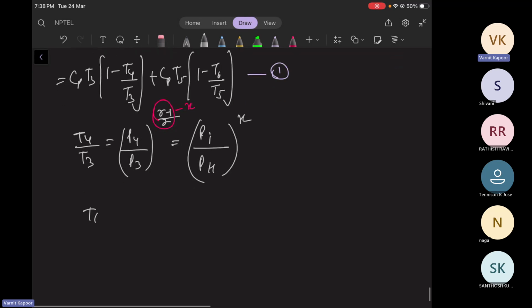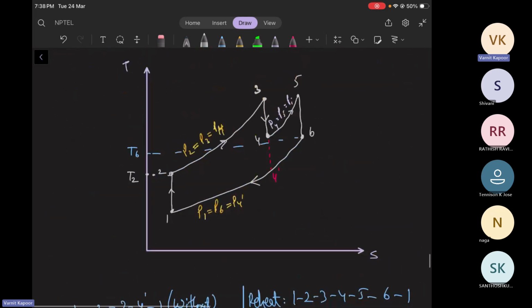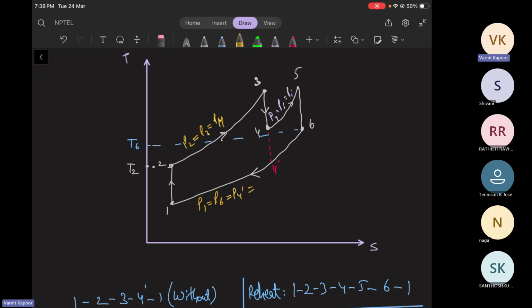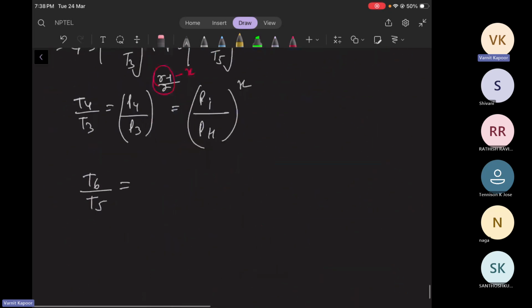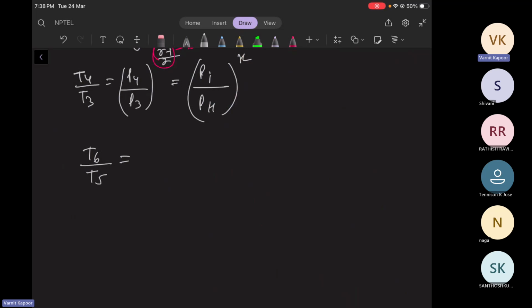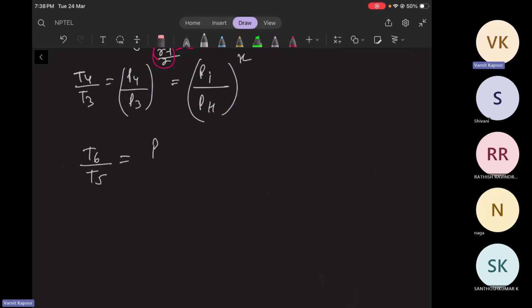Similarly, T6 by T5, with P6 as P lower, is (P lower by P intermediate) to the power of x. Let us say this is equation number 2.